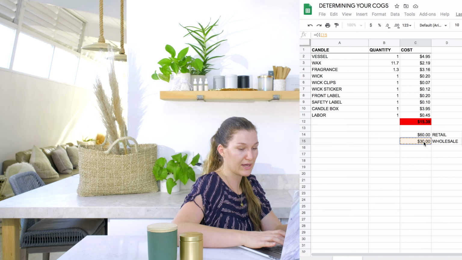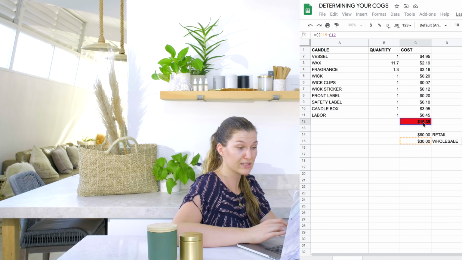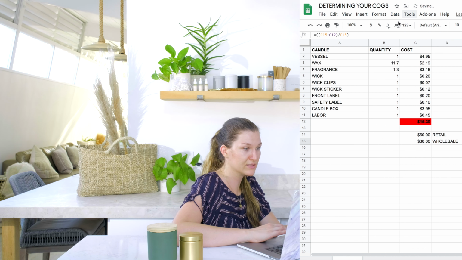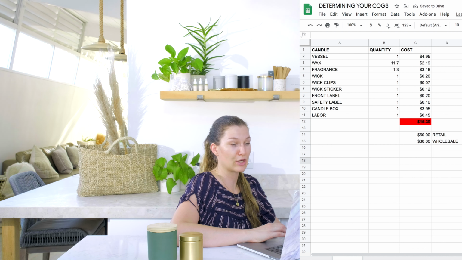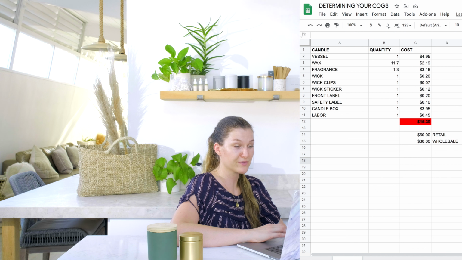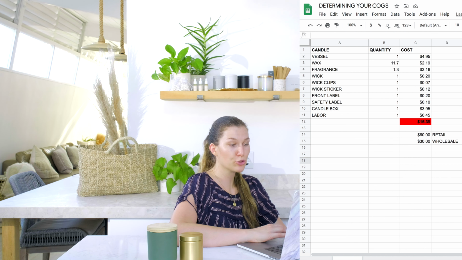You'll take your wholesale price, you will subtract your costs, and you are going to divide it by your wholesale price, and that's going to give us about a 49% margin. So pretty close to a 50% margin. These are super, super healthy margins for you guys.